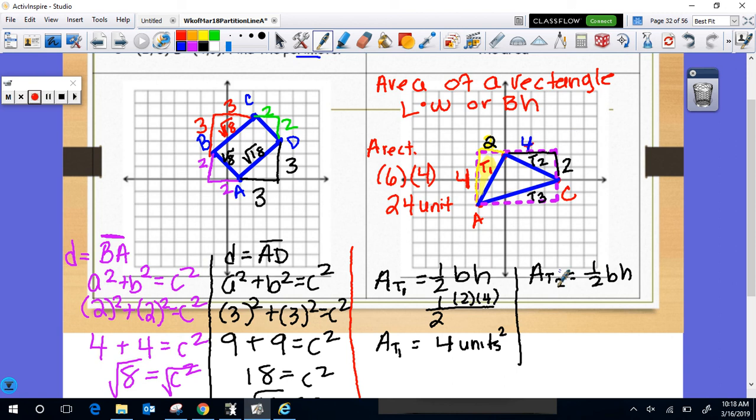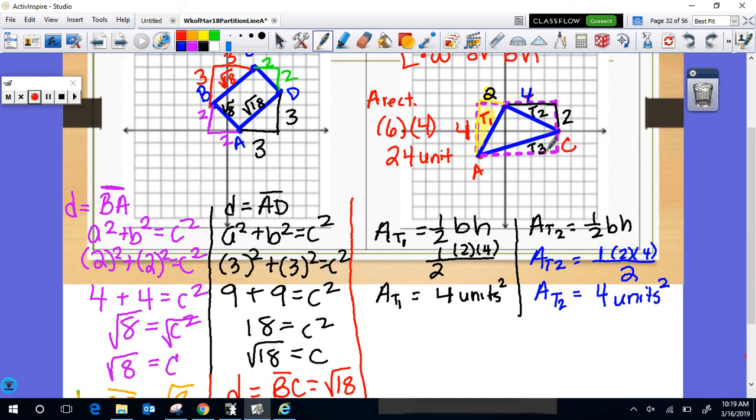This side is 4. So the area of that triangle 2 would be equal to 1 over 2 times 4 times 2, divided by 2. And then that area would be 8 divided by 2 is 4. And that's 4 units squared.